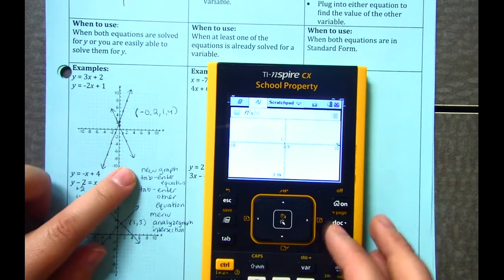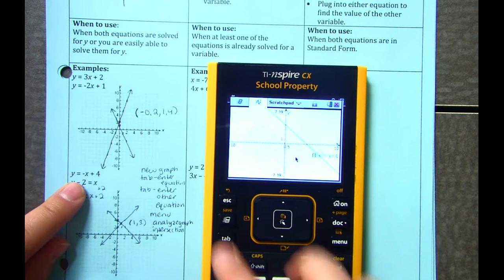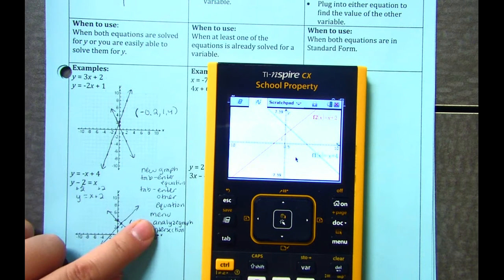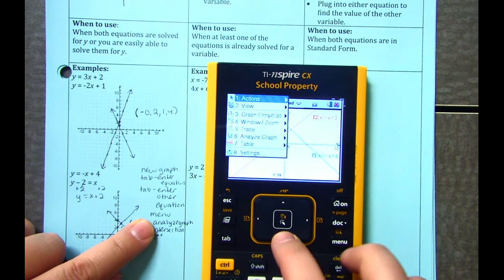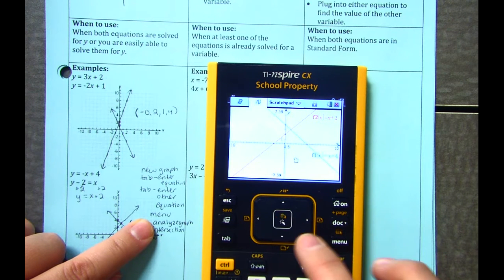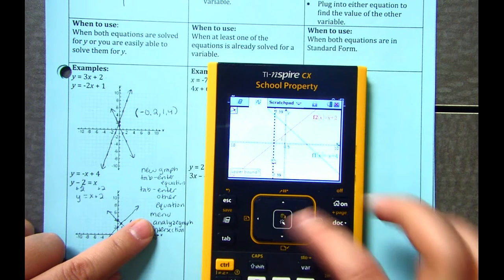So I hit Tab, I enter my first equation, negative x plus 4, enter, and then I hit Tab again, I enter my second equation, which is x plus 2, enter, and then I go to Menu, Analyze Graph, Intersection, and I move it to the left of where my intersection is, and I click.